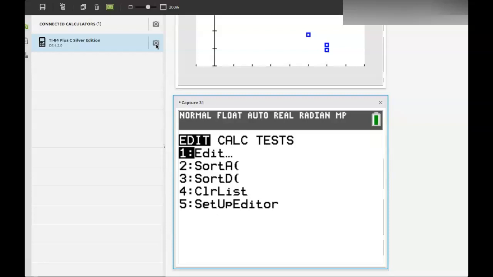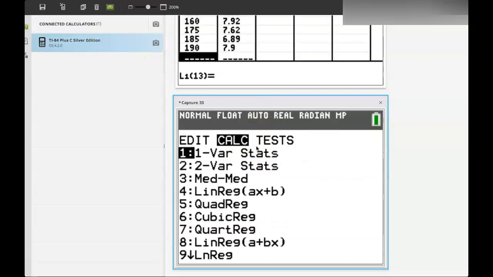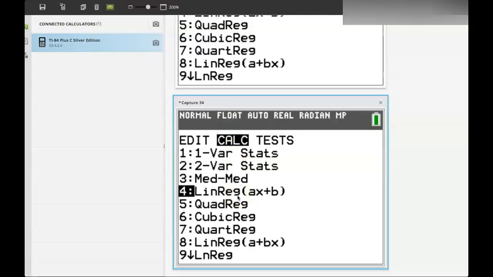And after that, enter all this data into L1, L2. So these are our data. Then after that, press Stat, choose Calc, and scroll down to choose number 4, linear regression. Enter.